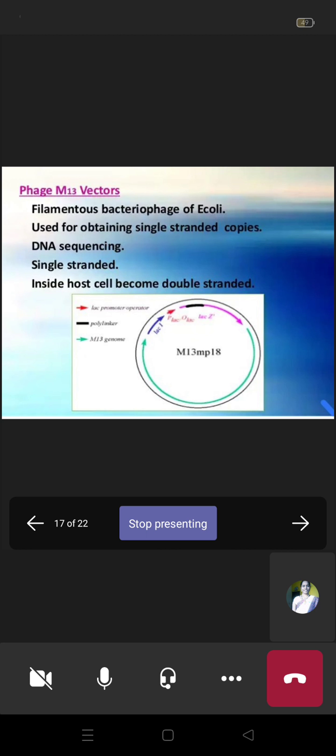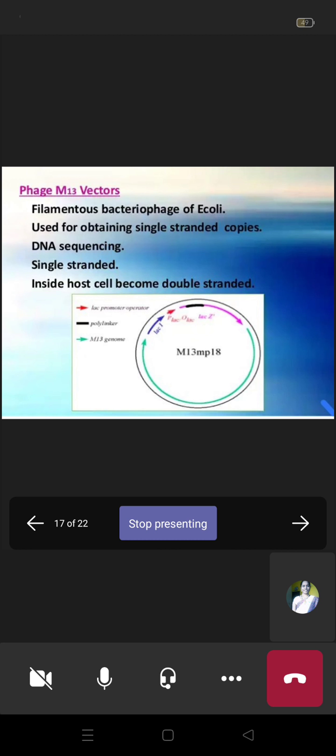Unlike lambda phage, M13 does not have any non-essential gene. The 6407 base pairs genome is used very efficiently in the take up of gene sequence, so the only part available for manipulation is a 507 base pairs intergenic region.